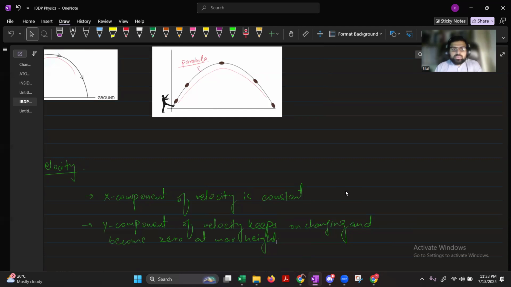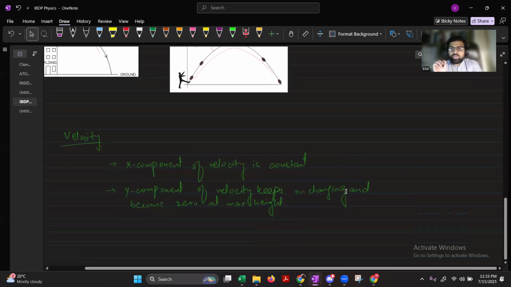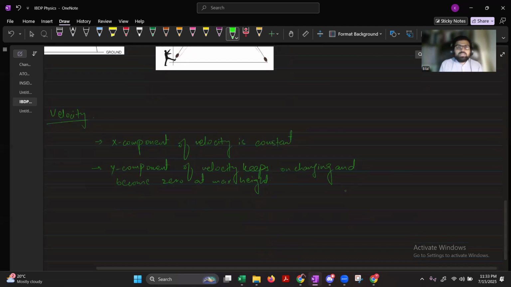So this means that if acceleration is totally dependent on the change in velocity, there will be two components of acceleration as well. One will be the x component and the other will be the y component. Now you can see the x component of velocity is not changing. So if velocity is not changing, in that case, acceleration will be zero.